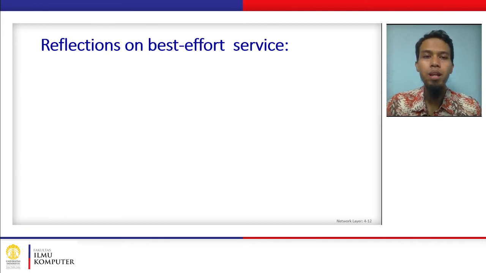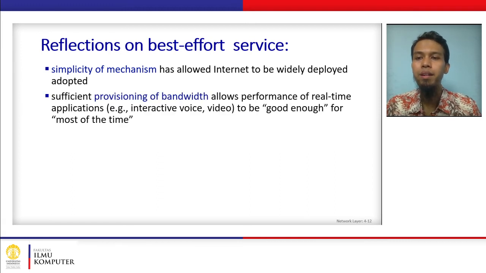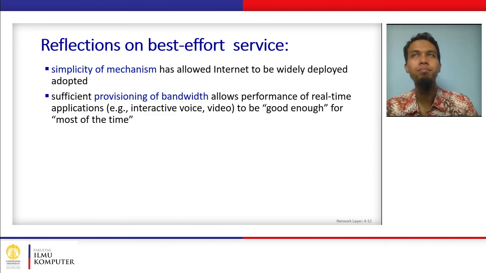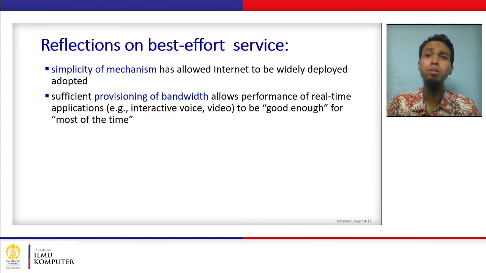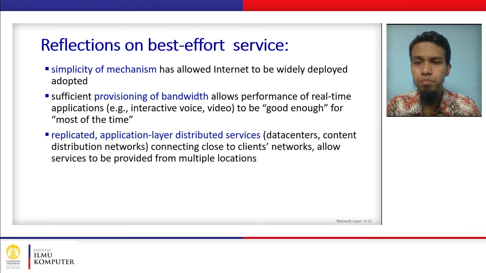All right, now finally we talk about the reflections on best effort service. It is simple in mechanism and has allowed the internet to be widely deployed. This is a fact. Then there is sufficient provisioning of bandwidth. Basically, we try to estimate the minimum bandwidth required for different applications, for example real-time applications, video streaming, voice, interactive voice calls, and so on.